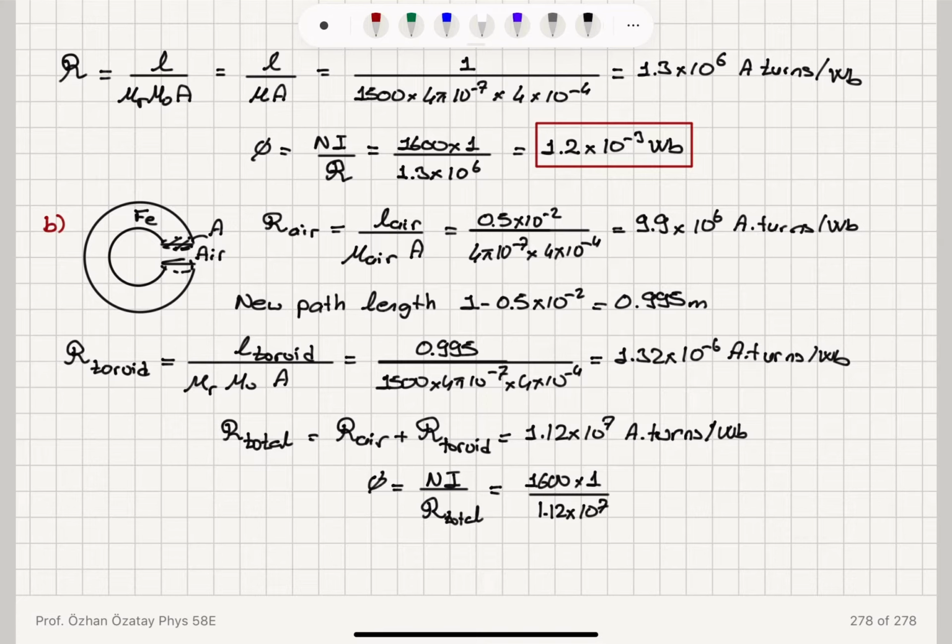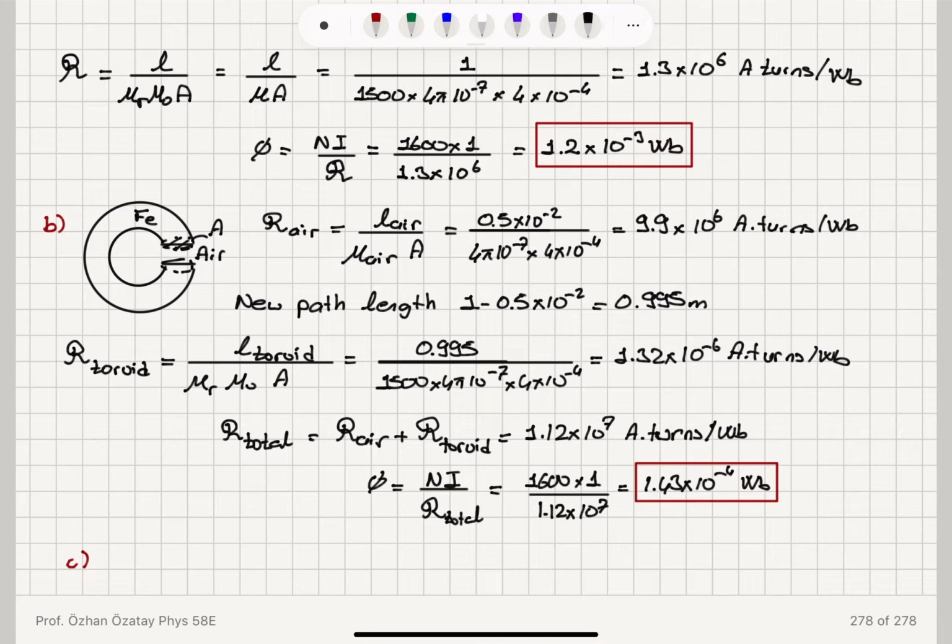This gives us 1.43 times 10 to minus 4 Webers. So that is the result in part B. Now in part C, we want to change the current so that we obtain the same flux.